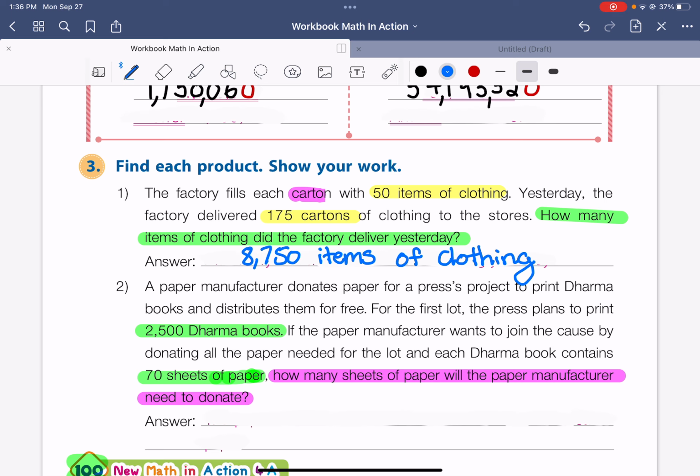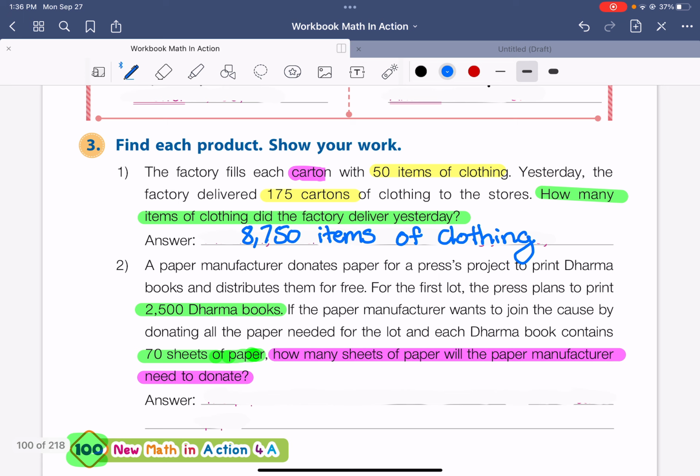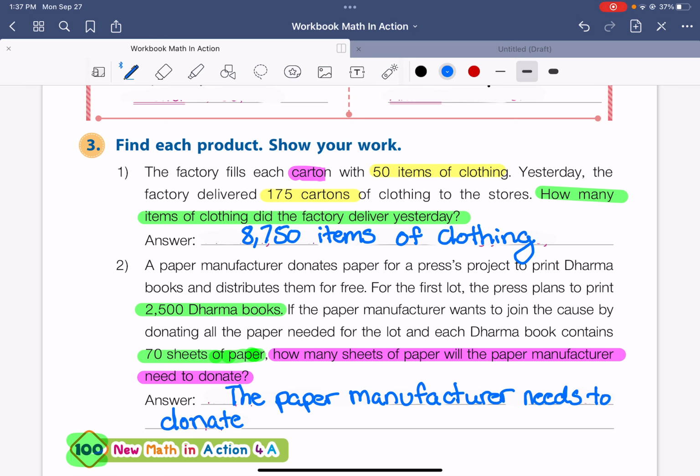Right? So let's write it down. This one's going to be a long one because we're going to write the full sentence. The paper manufacturer, the person who makes paper, the company, paper manufacturer needs to donate 175,000 sheets of paper.